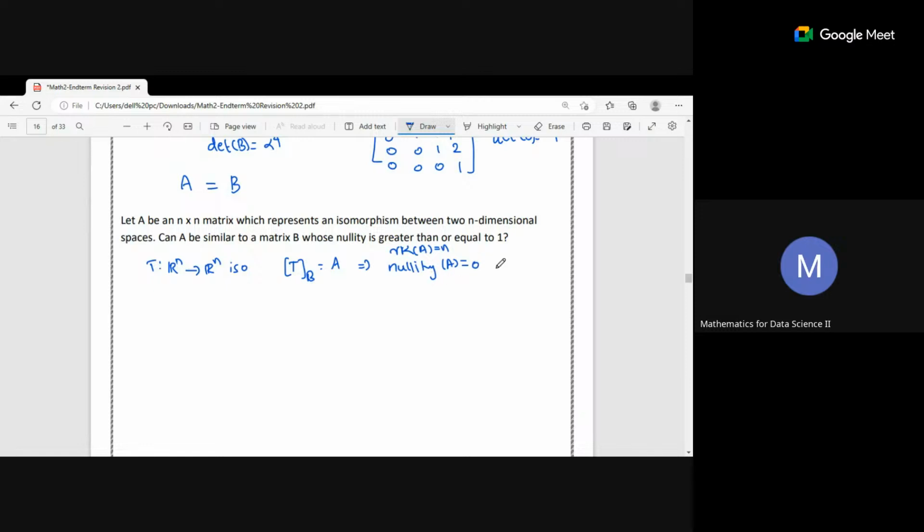So the rank of B should also be n, and then nullity should be 0. So this is not possible. The answer is no. Is this clear? Yes, ma'am. Okay. Right.